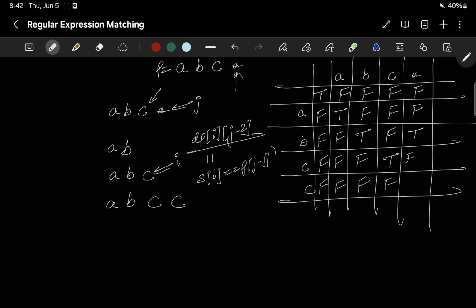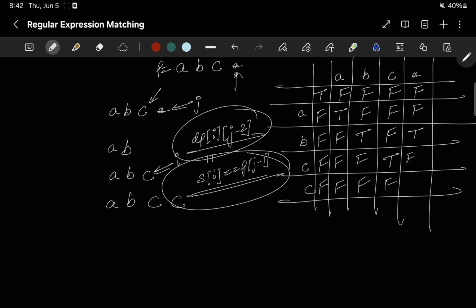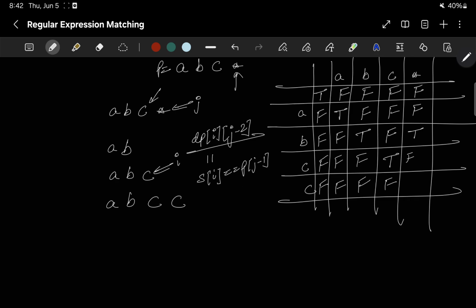If this matches, again we have our answer, right? So since this is false, but this is true, we got our answer. So that's why if false or true, and we know that false or true, if it is a logical OR operation, then no matter how many false we get, even if there is one true, it will be true. So this will be true, right?